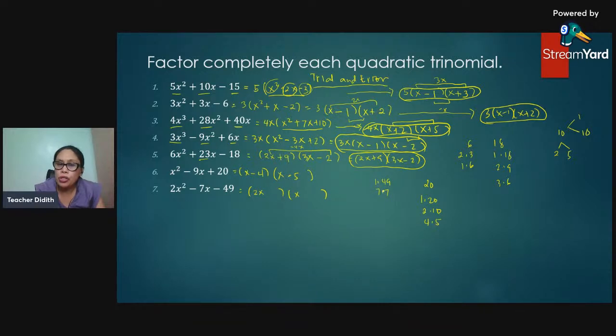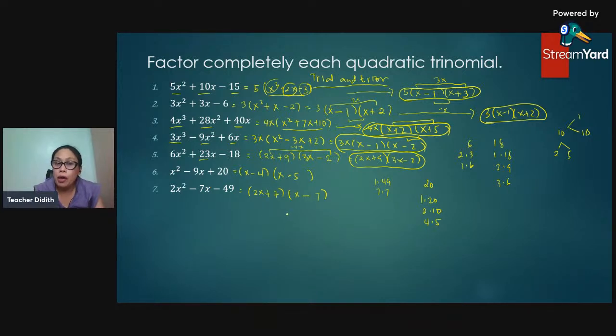If we consider 7 times 7, we place 7 here and the other 7 here, and there's no other choice. We just have to be careful on the sign that we choose in each factor. Like this is negative 7x, I guess this must be negative and this must be positive.